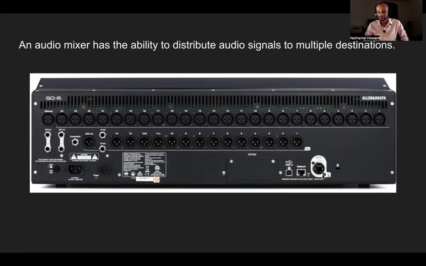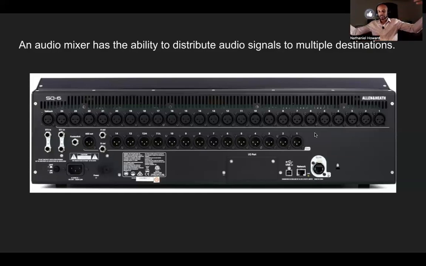So that's how we would send all the inputs plus the inputs from the digital snake, because the digital snake will also have inputs as well. You know, it's placed where the musicians are. So you could have the musicians' microphones plug into that digital snake. You can have the wireless mic receivers that are in the back in the sound booth connect to the back of the mixer.